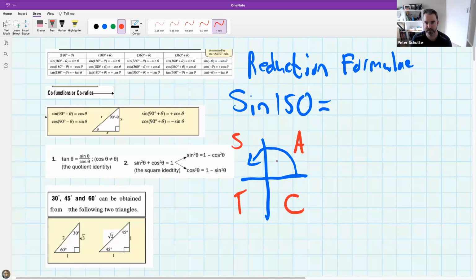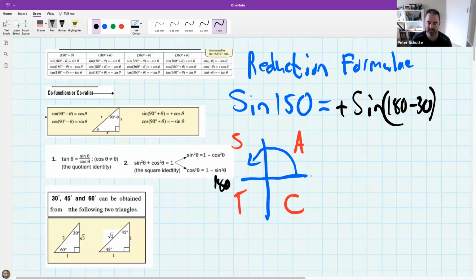So the sine of 150, because it's in quadrant 2, will be positive, and we can rewrite that as sine of 180 minus 30. We say that's writing it in terms of nearest horizontal axis, which is 180. And then that can be reduced further to positive sine 30, where we only focus on the distance to the nearest horizontal.